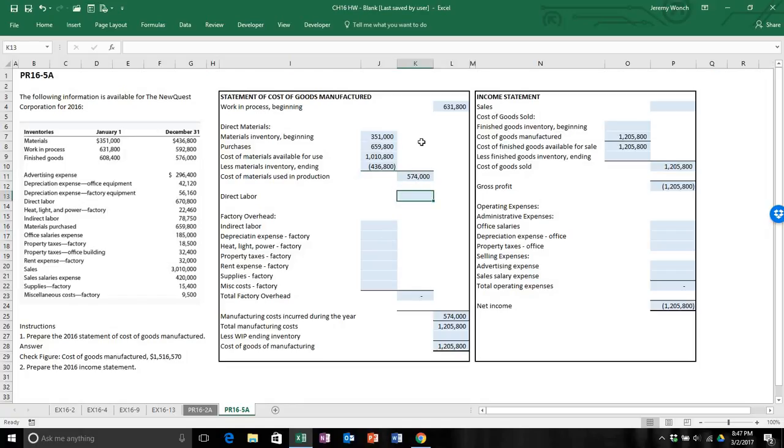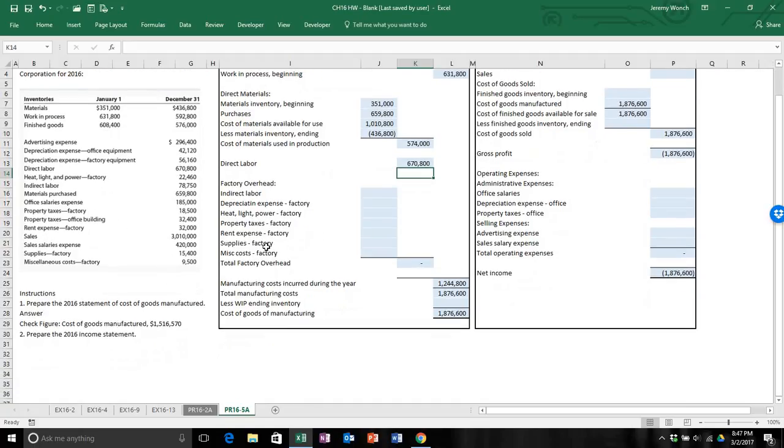So now we have to add in our direct labor, which is 670,800. So that's going to be right here. And then we have to take into consideration our factory overhead. So we have our indirect labor of 78,750. That's right here. We have our depreciation of 56,160.